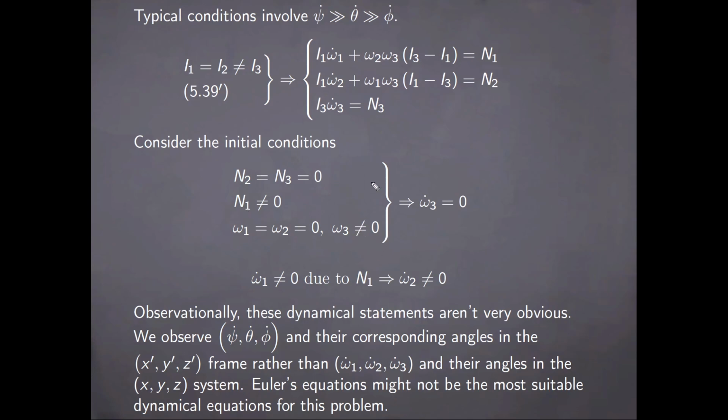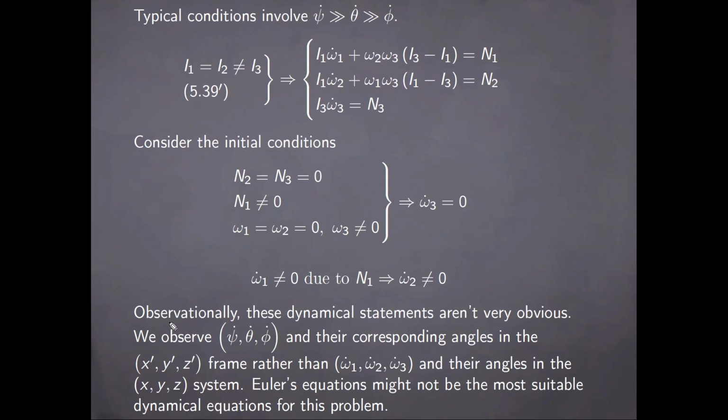So from these conditions, together with the Euler equations, it follows that the third component of the angular velocity is conserved, and at the same time the first component is not, due to the fact that n1 is different from 0, and consequently the second component of the angular velocity is also not constant in time.